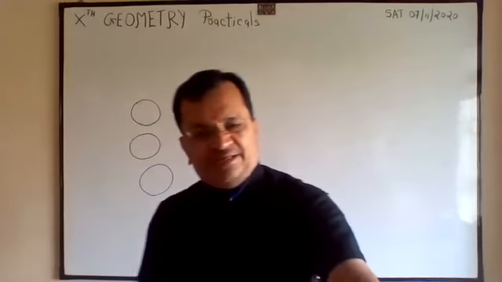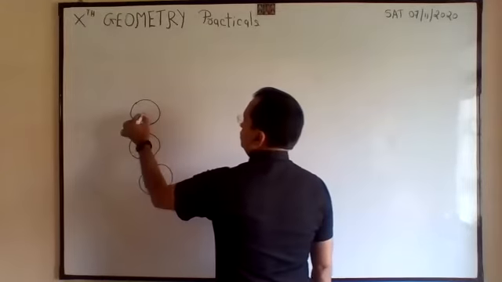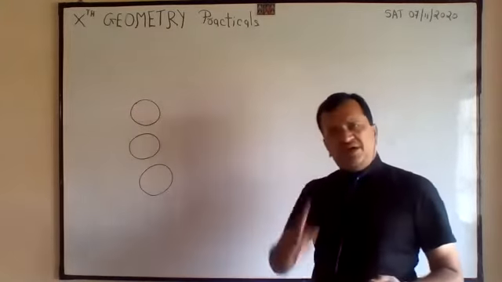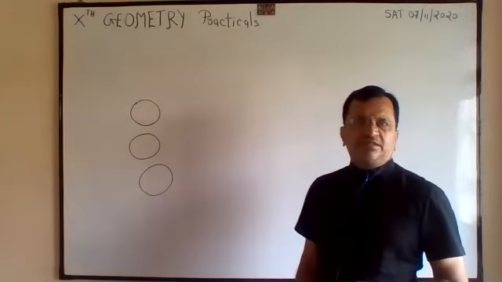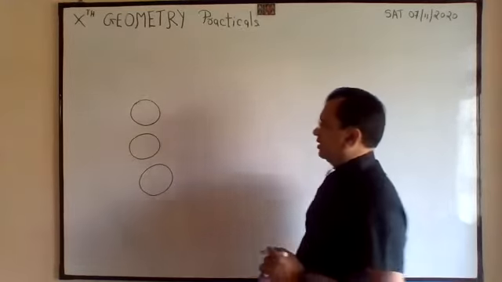When one line and one circle have one common point, then it is said to be a tangent to the circle.